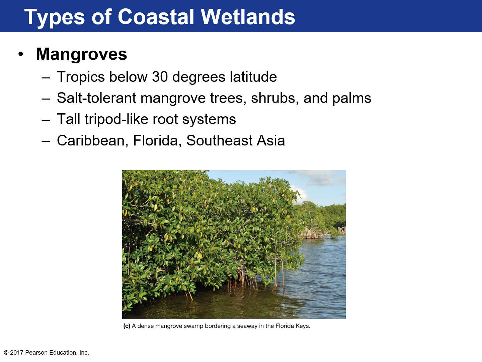You have shrubs, palms, and they form that tripod-type root system, which is fairly typical. In the book, they've got some really nice images of the root systems from mangrove trees coming downwards and into these brackish and salty environments. So you find them in the Caribbean, Florida, and most extensively in Southeast Asia.